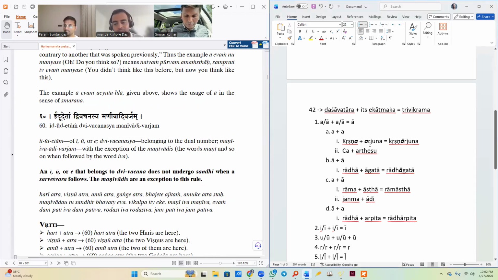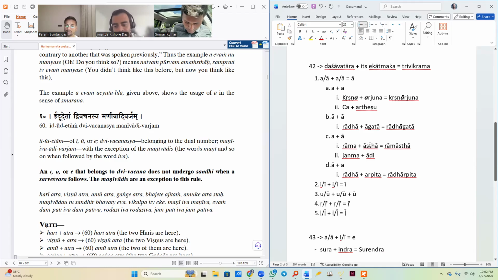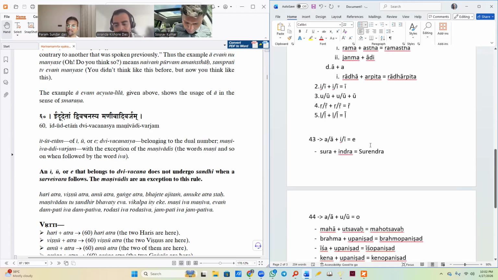Homework number 2: please find out the sandhis in the first 15 verses of the first chapter of Bhagavatam first canto, whatever sandhis we have done, and you can write and share on the WhatsApp.